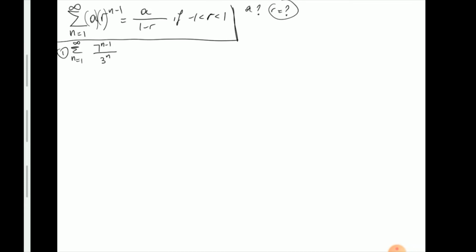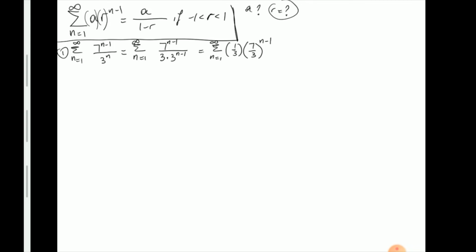So notice on the top I have 7 to the n minus 1. On the bottom I have 3 to the n. So to make it to the power n minus 1, I'm going to have to take a factor of 3 separately so that I'm leaving the rest of it with 3 to the n minus 1. So you have to do a little bit of algebra steps, like I said before, to write everything in terms of some constant, which is 1 over 3 in this case, and some other constant, which is 7 over 3 in this case, to the power n minus 1.